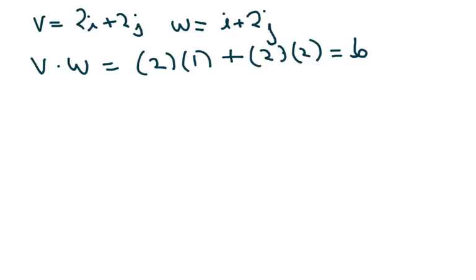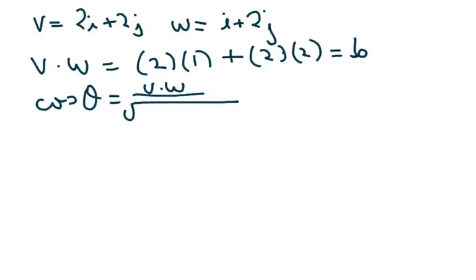Now, I'm going to have to do my formula, cosine of theta, to find the angle between the two vectors, which is v dot w over the square root of 2 squared plus 2 squared, times the square root of 1 squared plus 2 squared.